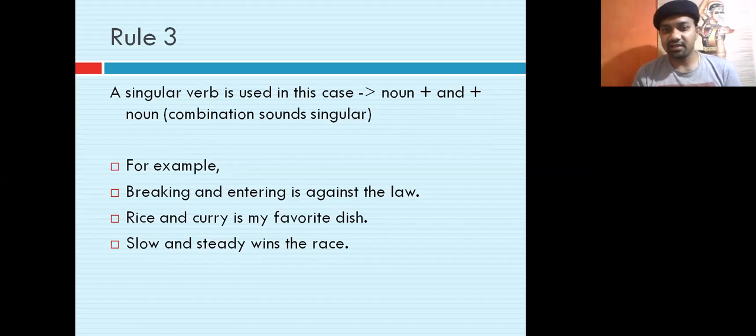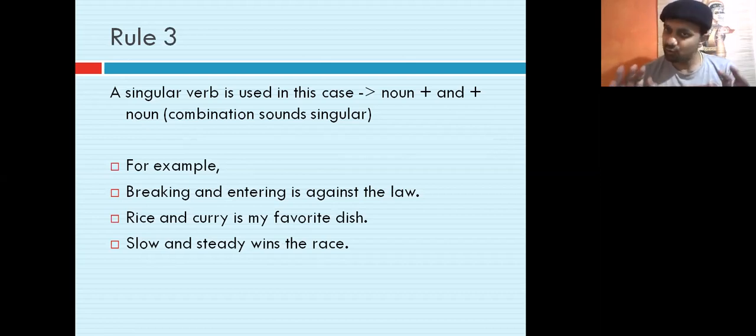Rice and curry is my favorite dish. We learnt in the previous rule that when we combine two subjects using and, we must use plural, but not always. Remember this as well.